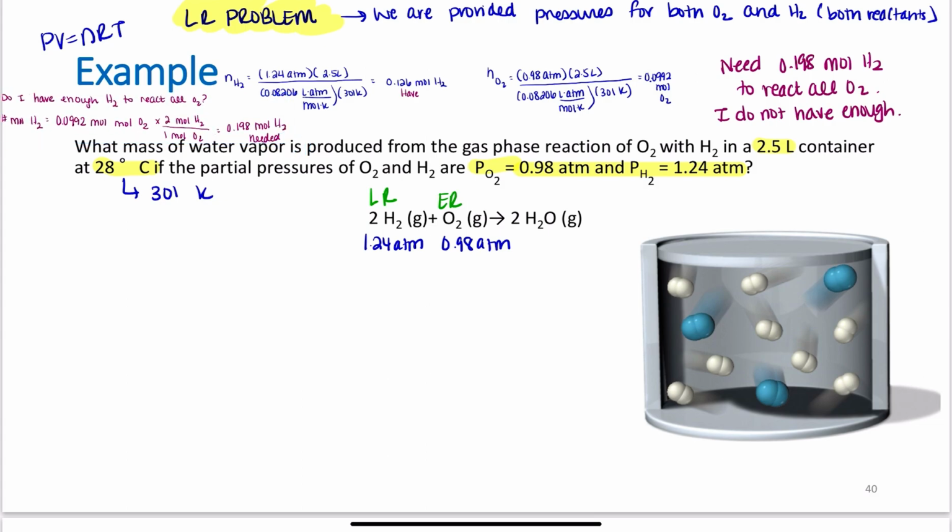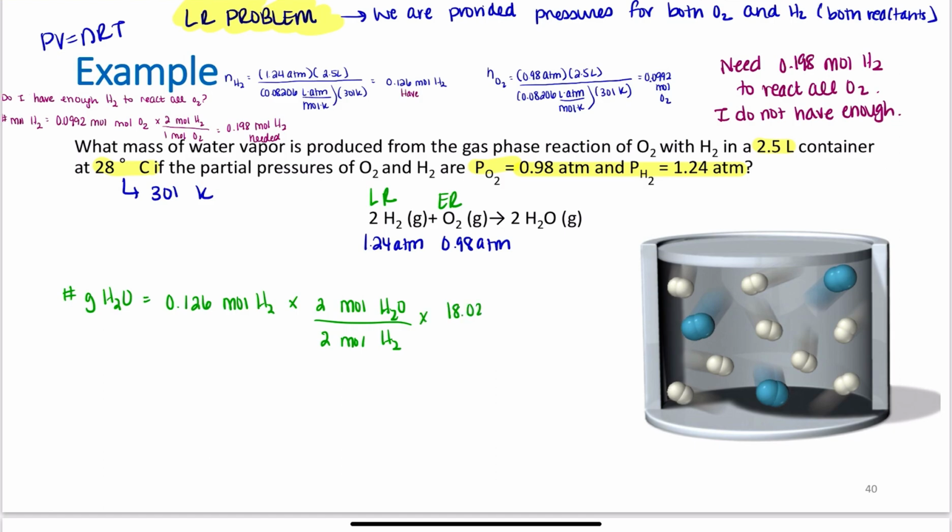So again, I'm going to use the moles of hydrogen I have to answer the original question. What mass of water vapor, so number of grams of H2O, is dependent upon the number of moles of hydrogen I actually have? 0.126 moles of H2. 2 moles of H2O are produced for every 2 moles of H2 consumed.